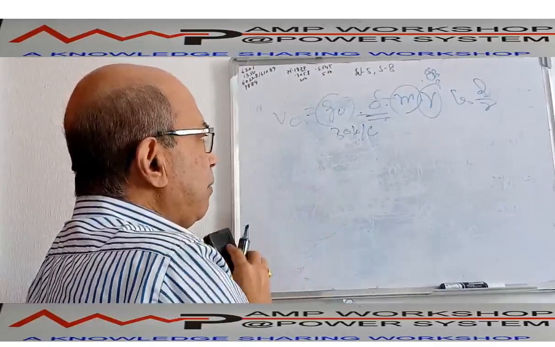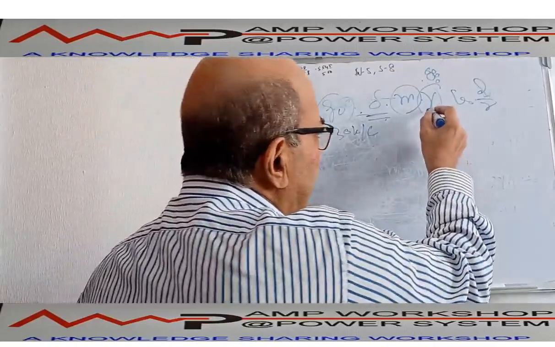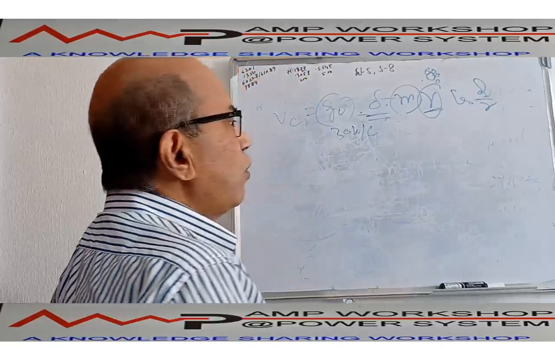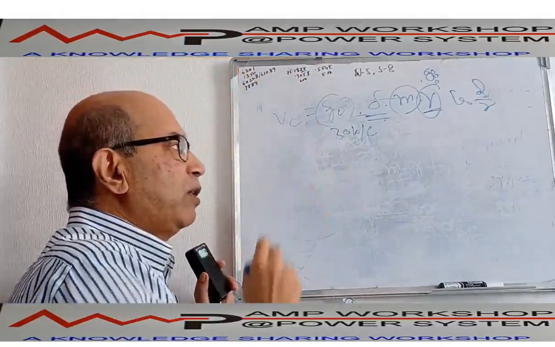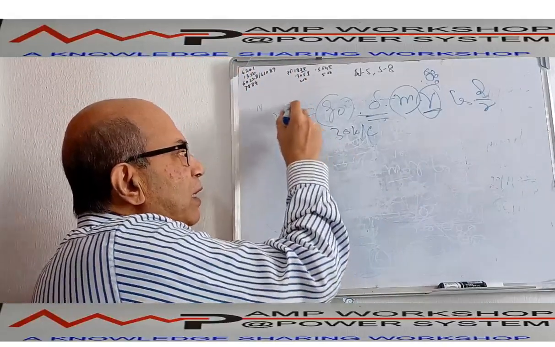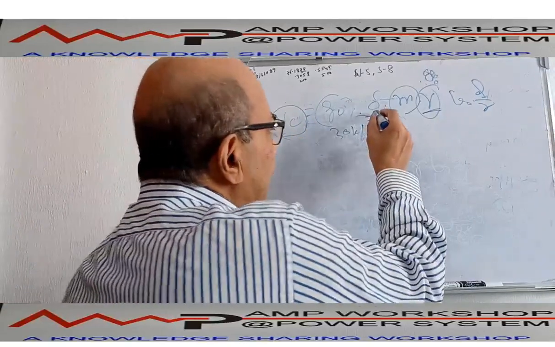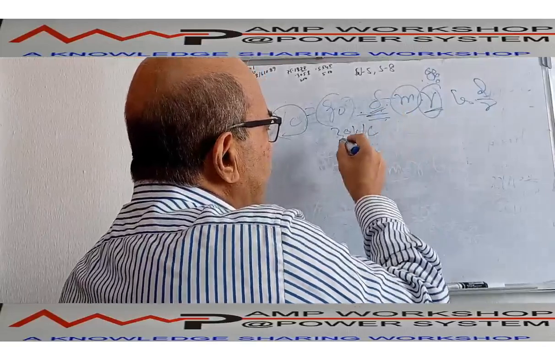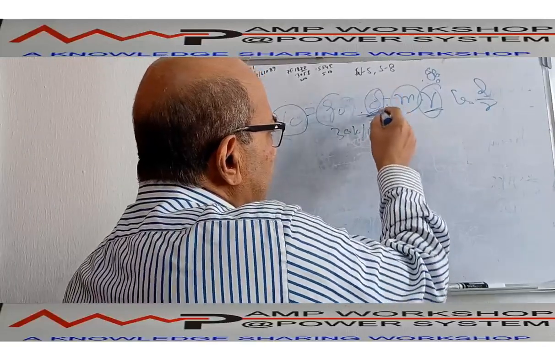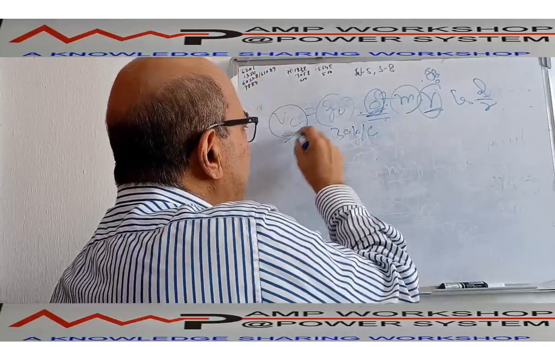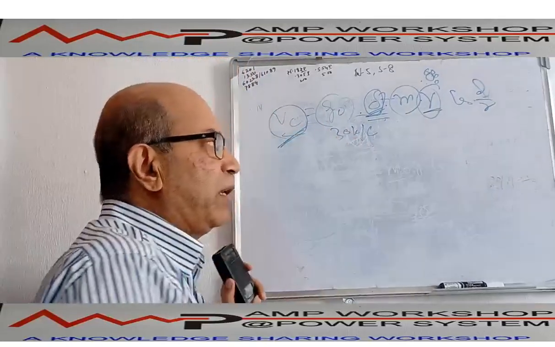As you increase the radius of the conductor, the critical disruptive voltage is proportional and will increase, as delta is increasing. So when the air density increases, immediately the critical voltage will increase.